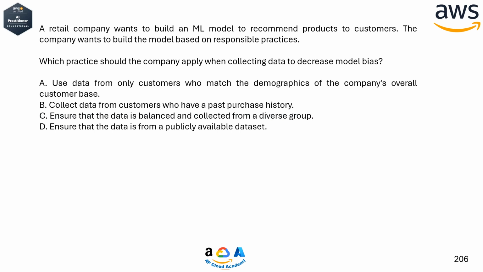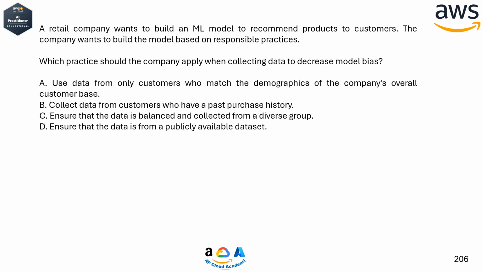A retail company wants to build an ML model to recommend products to customers. The company wants to build the model based on responsible practices. Which practice should the company apply when collecting data to decrease model bias? A. Use data from only customers who match the demographics of the company's overall customer base.